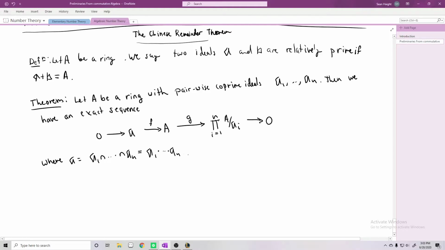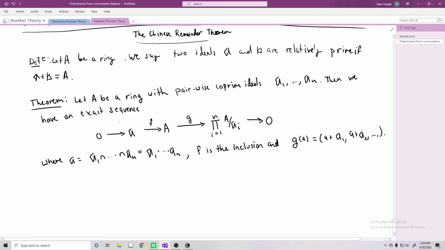F is simply the inclusion. And G is the sum of the projections, which takes a little a and gives me a plus A1, a plus A2, and so on.